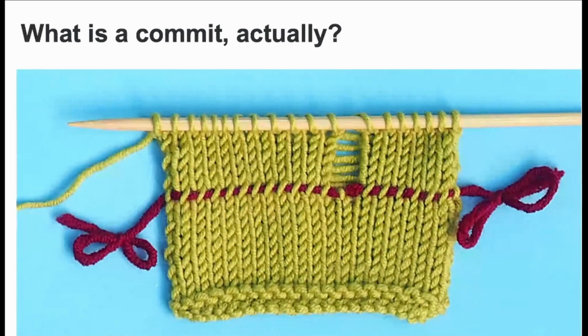But if you put in this red string, in knitting we call it a lifeline, then the unraveling is stopped. I compare this to a git commit, because I put in a git commit when I think everything is working, everything is fine, the number is right.